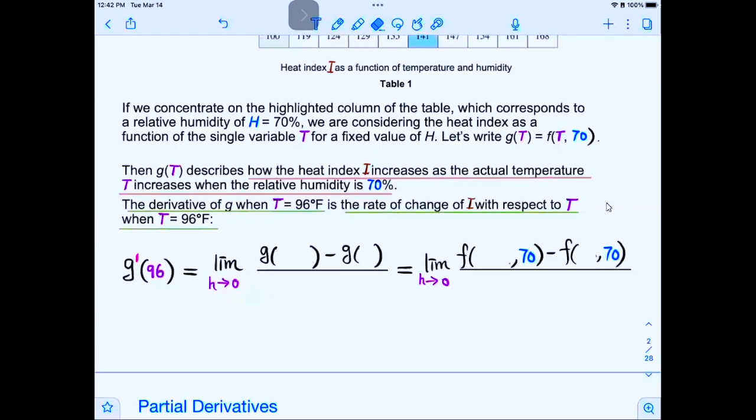Now, what is this G of T here? That describes how the heat index increases as the actual temperature increases when the relative humidity is 70.